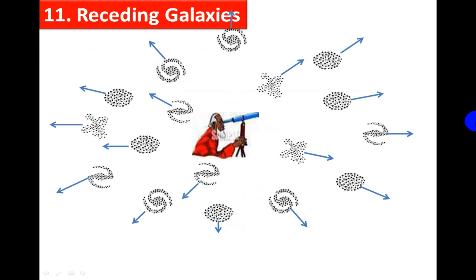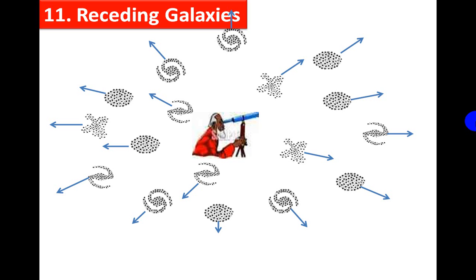Hubble carried out his experiment on many galaxies in different directions and at different depths, and found all distant galaxies were receding. This discovery is one of the most significant discoveries in the field of cosmology. It has formed the foundation of modern astronomy.